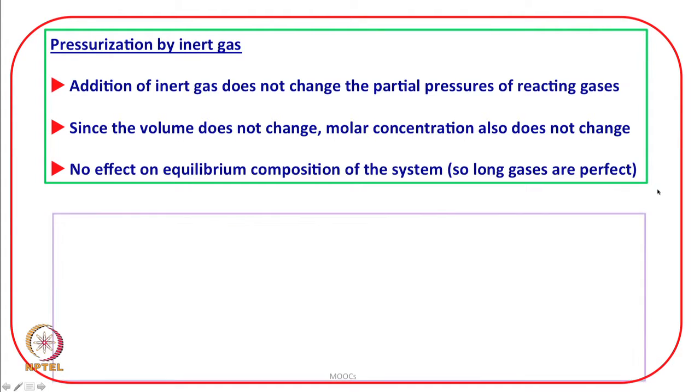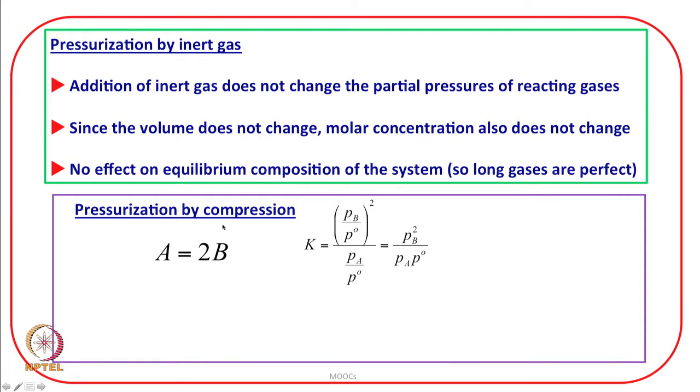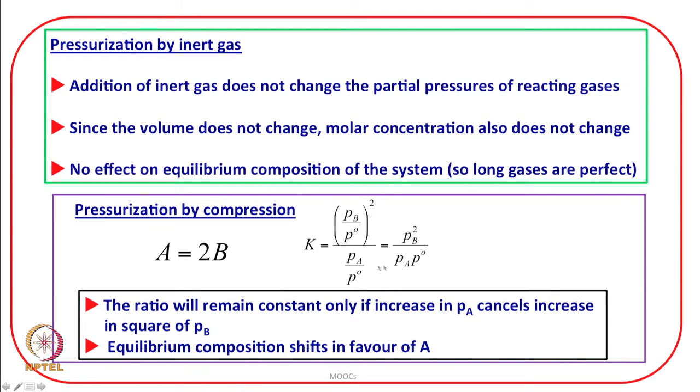Then we discussed an alternate method, and that was by compression. You pressurize by compression, and we came up with this expression and then discussed that the ratio has to remain constant, and that will remain constant only if the increase in Pa cancels the increase in the square of Pb.